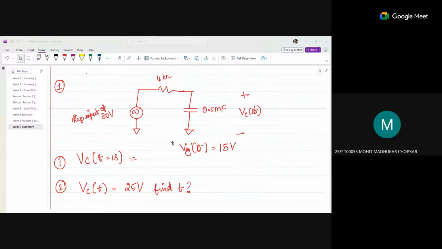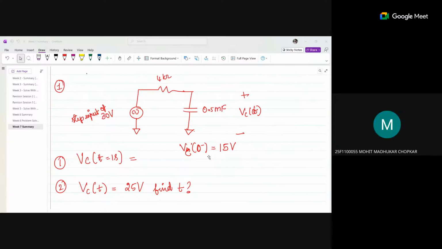First, we had to find the omega, ma'am. Omega naught frequency. Why do you want to find omega naught? Because it is a step input, right? VC of t is nothing but amplitude upon square root of 1 plus omega square RC square. What is the formula you have to use here? What is the question? Is it a sine input or a step input?